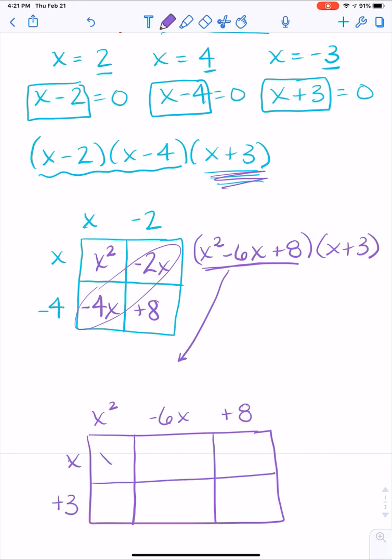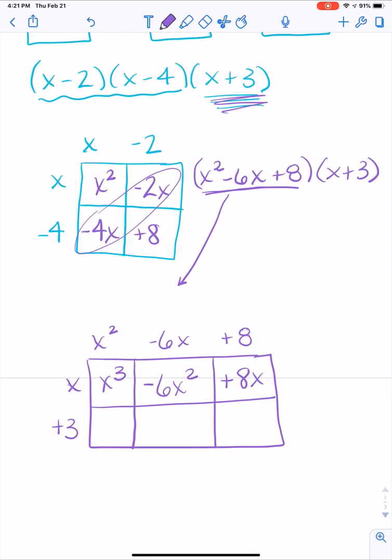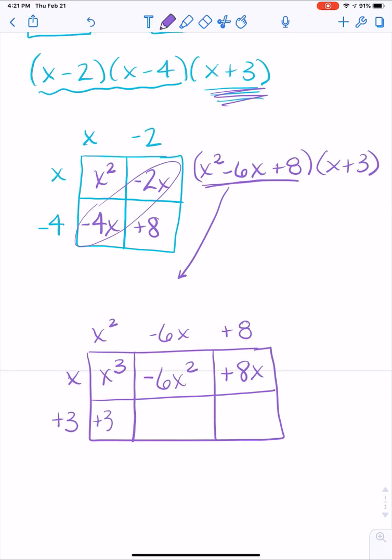So x times x squared is x to the third. X times -6 is -6x squared. X times +8 is +8x. +3 times x squared is +3x squared. +3 times -6 is -18x. +3 times +8 is +24.